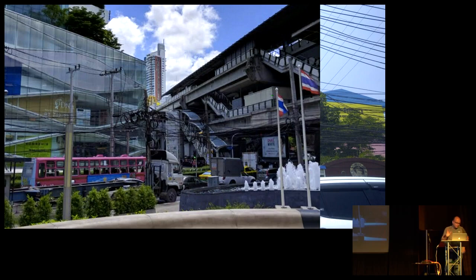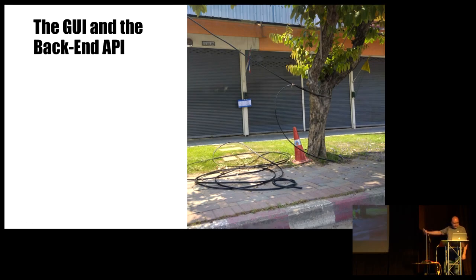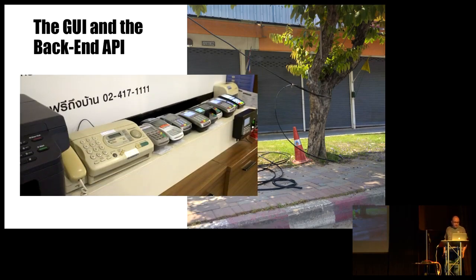So I set out, did my little investigation and tried to understand the extent of that telephone network. I found the back-end API, where those cables hang out of just about anywhere. I found the front end, where there's maybe almost a terminal per customer in some businesses.